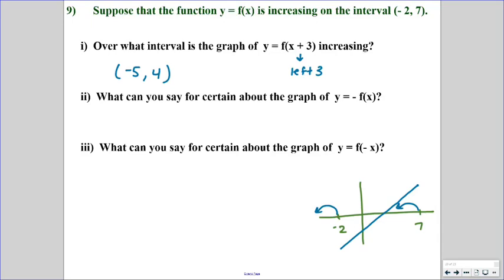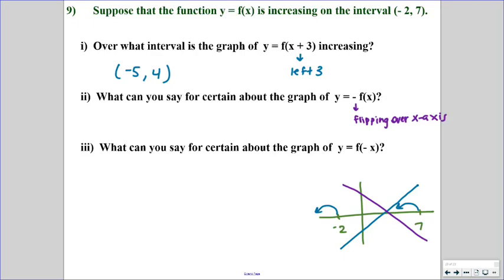Next part, what can we say for certain about the graph of y is equal to -f of x? Well, what are we doing when we apply that negative there? We are flipping this graph. Think about over which axis. We're taking all the y values, we're making them negative, so we're flipping over the x-axis here. So if I were to flip this line that I had drawn over the x-axis, what is it going to look like? Something like that.